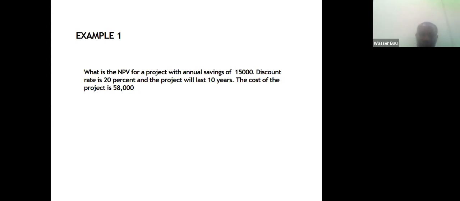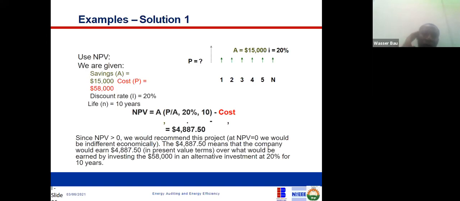Okay. So how do we solve this now? In a graphical way, this is how you present it. The present cost is 58,000 and it's saving you 15,000.